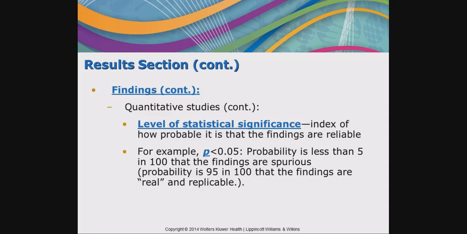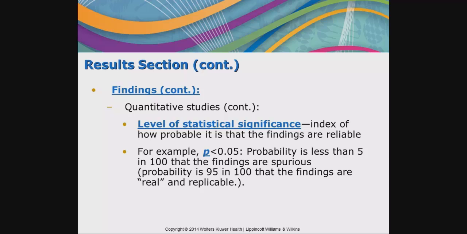Now, in quantitative studies, you always want to look for the p-value, because most studies do cite the p at less than 0.05. You may see them at 0.01. But that really just says that there's 5 in 100 chances that it is the wrong information or that it is not correct.